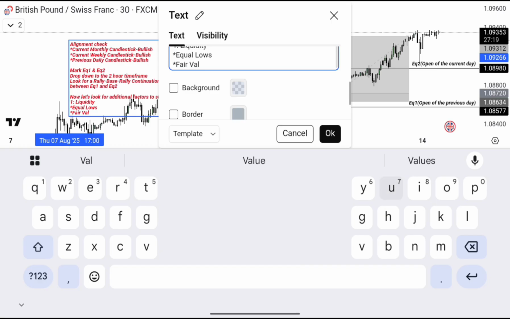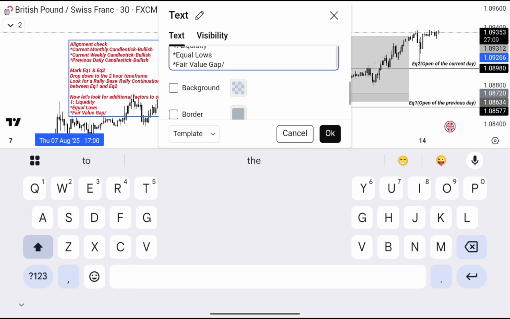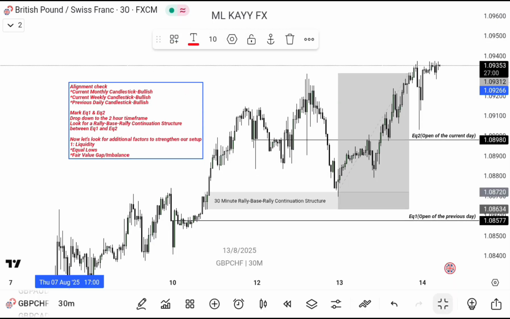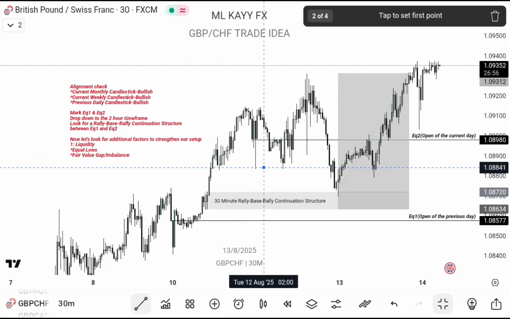So meaning price is always fetching what? Liquidity. That's what drives the market. So now I'll just use two basic sources of liquidity. We have two great sources of liquidity, which is equal lows and a fair value gap.